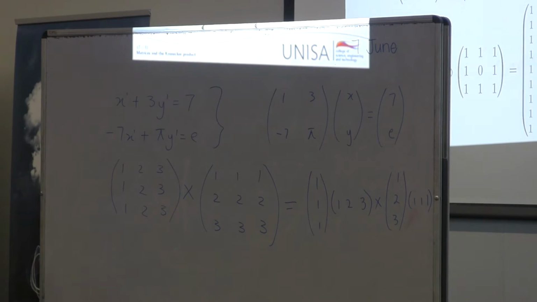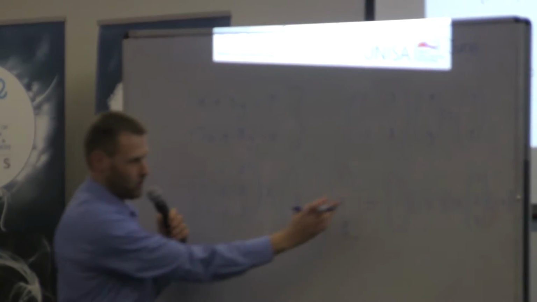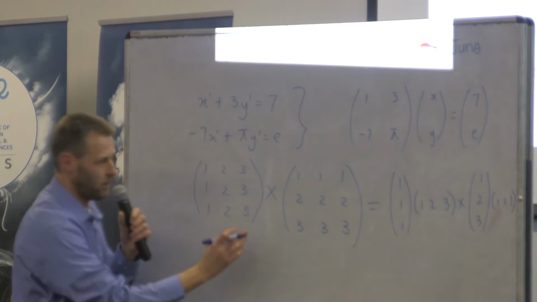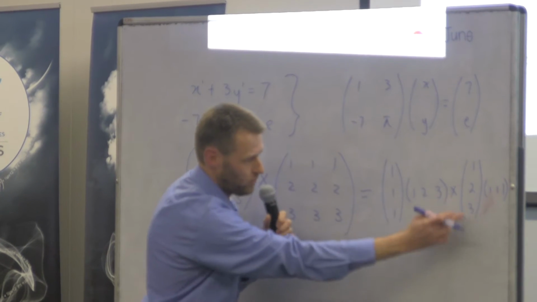So this matrix here is the outer product of 1, 1, 1 with 1, 2, 3. And this matrix is the outer product of 1, 2, 3 with 1, 1, 1.